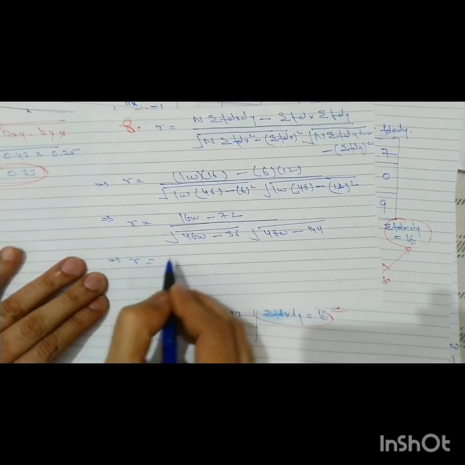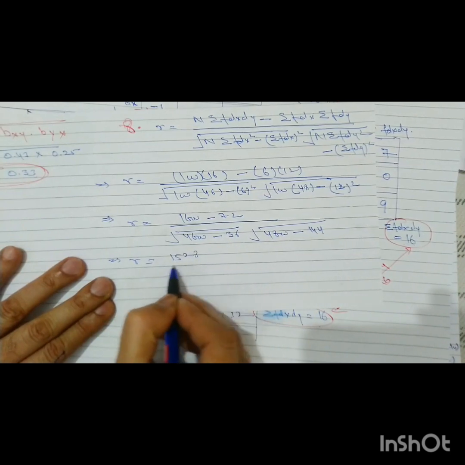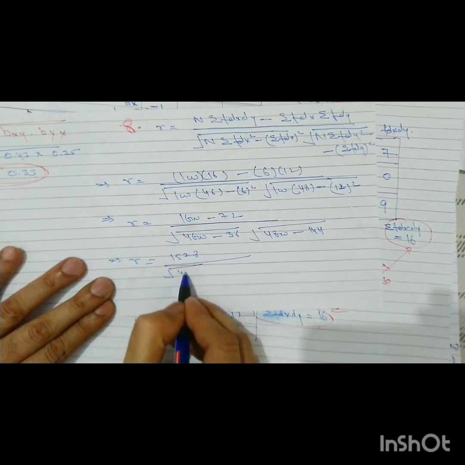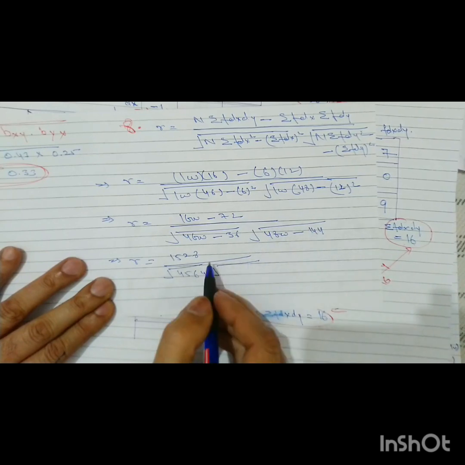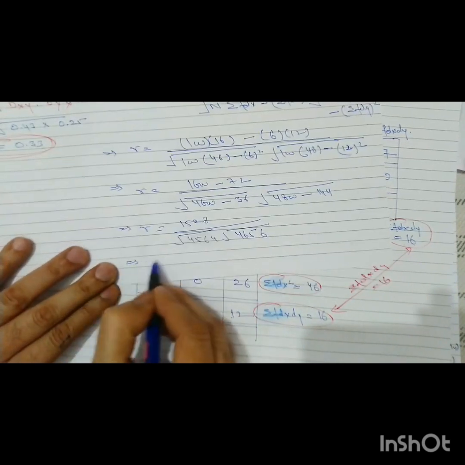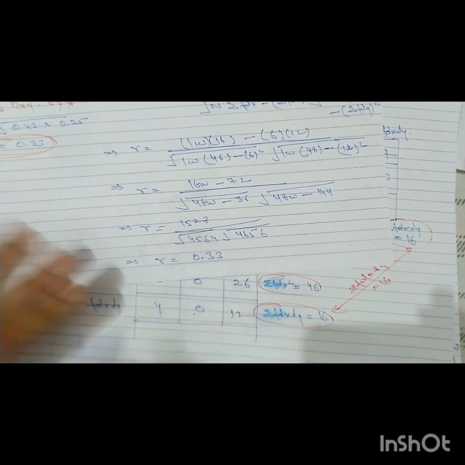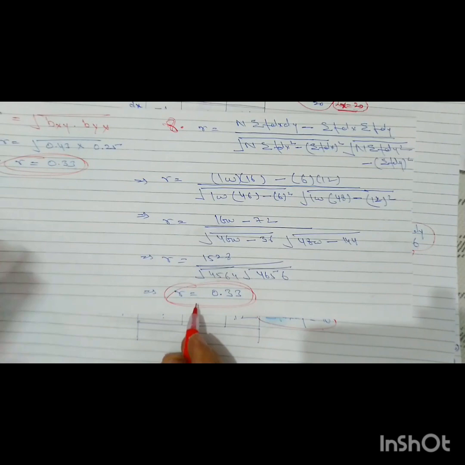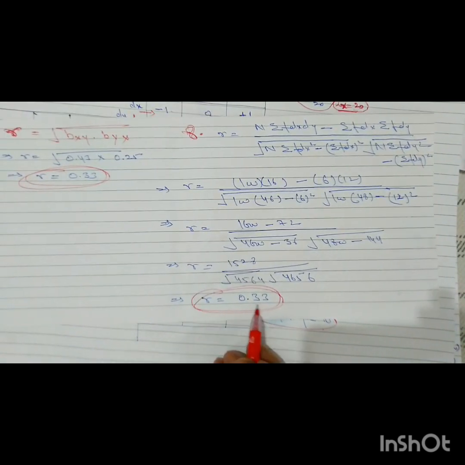Which implies r equals 1600 minus 72, which is 1528, over under root 4564 and under root of 4800 minus 144, which is 4656. By calculating all this, we get r equals 0.33 by using the Karl Pearson formula. So number 8, Karl Pearson formula, r is 0.33.